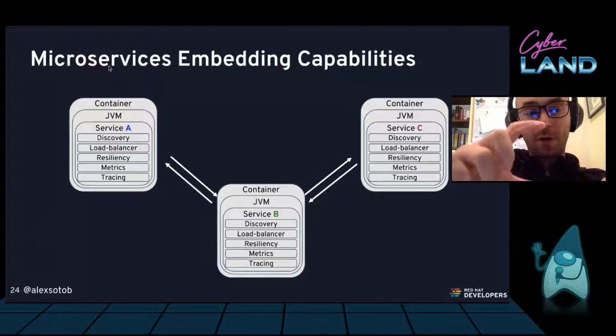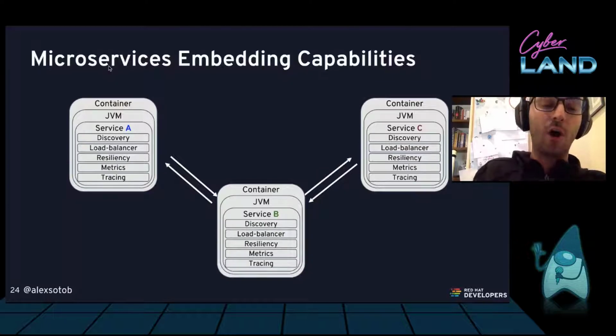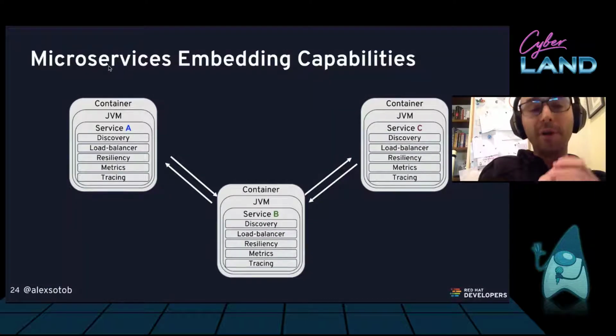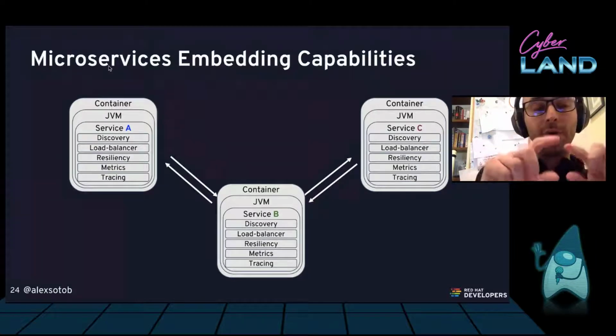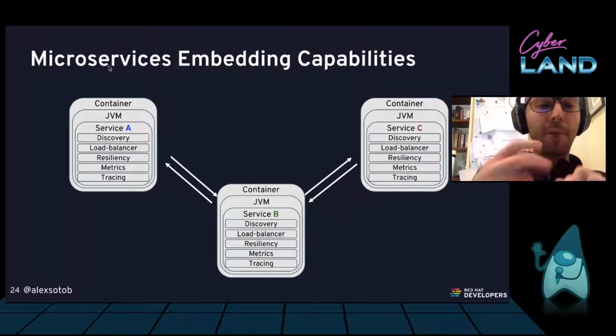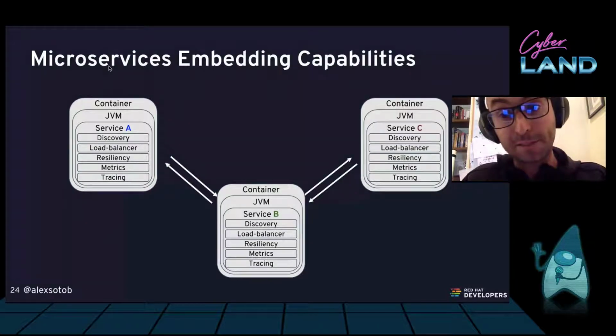For example, we've got our service A, and then we need to embed the discovery, the load balancer, the resiliency, the metrics, the tracing; all this stuff is put inside the service. So we're putting our business logic plus all this stuff, and the same for service B and the same for service C.